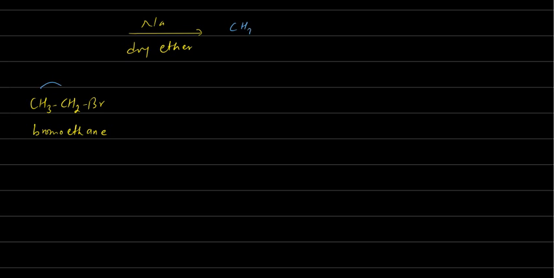Next reaction, when haloalkane, that is CH3CH2Br, bromoethane, reacts with sodium metal in presence of dry ether, the product formed is an alkane with double the number of carbons in the haloalkane. There are 2 carbons in this haloalkane, so the product formed has 4 carbons, that is CH3CH2CH2CH3.